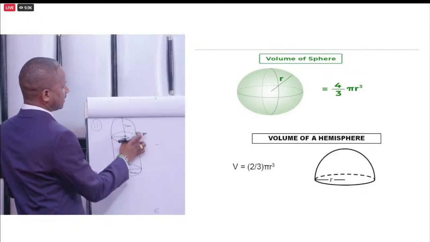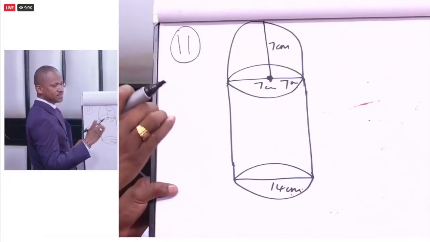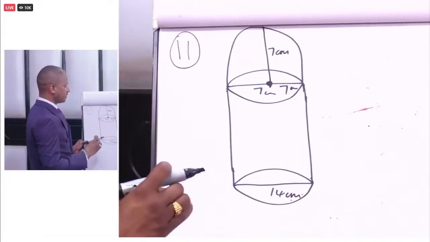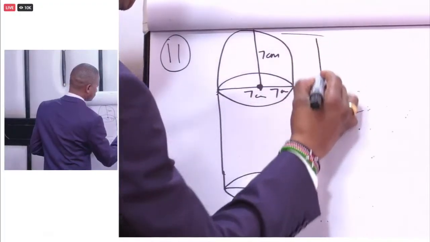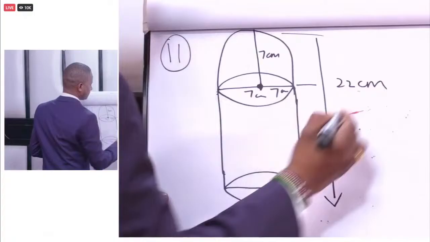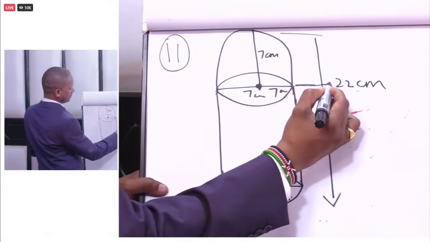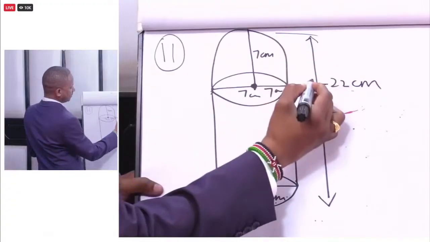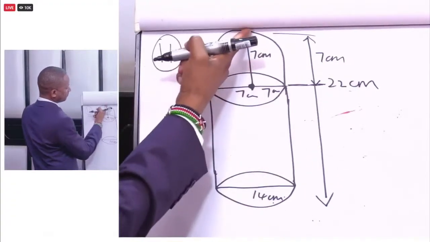This upper part is a hemisphere. Hemisphere is hemisphere. Hemi is half. Half of a sphere. Then you are told that the total height here is 22 centimeters. But we know from here to here, you've already been told it is 7 centimeters, because from here to here is the radius.